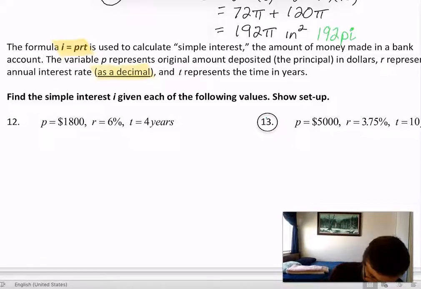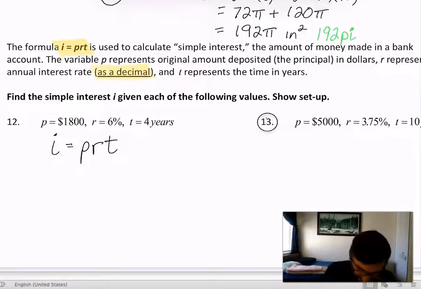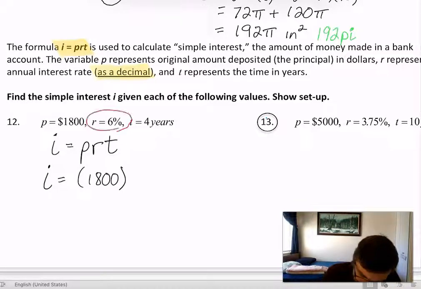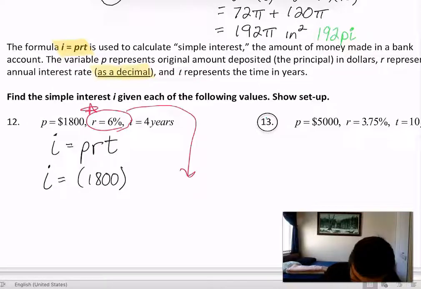So the formula we're using is I equals P R T. So the interest that we would gain if we had $1,800, that's our principal, how much you initially start in the account. Our interest rate needs to be a decimal, so it's really important right here. We're going to say that our interest rate as a decimal would be 0.06.